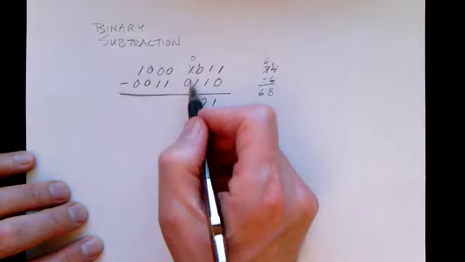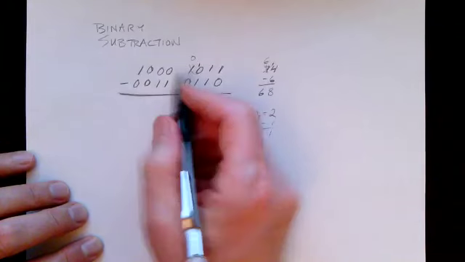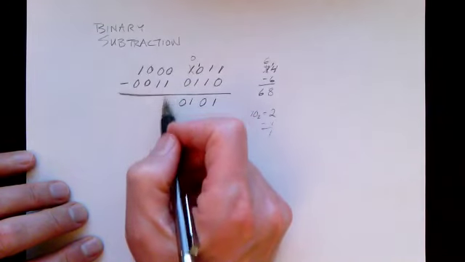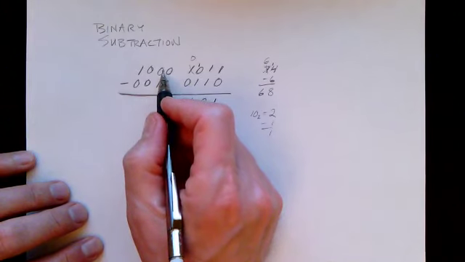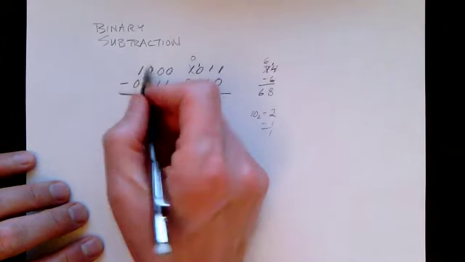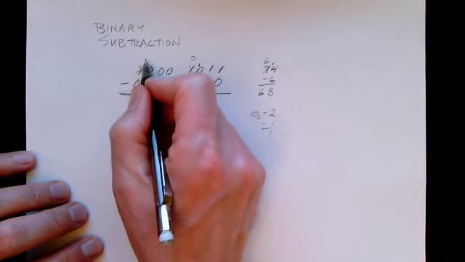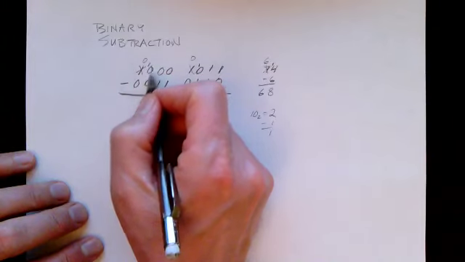And now we've got 0 minus 0 is 0. So here we have 0 minus 1. Again, we're going to have to borrow. But there's nothing to borrow here. So we're going to have to borrow from this. But there's nothing to borrow there. So we finally borrow from here. And we make that 0. And this becomes 1, 0.